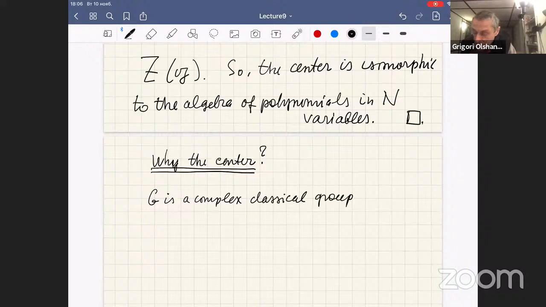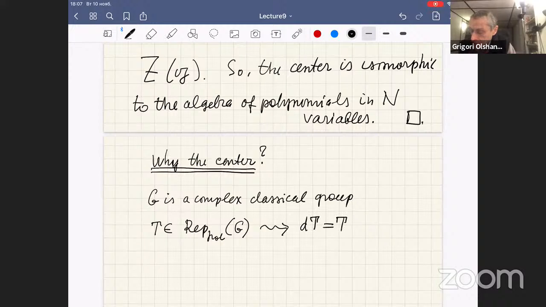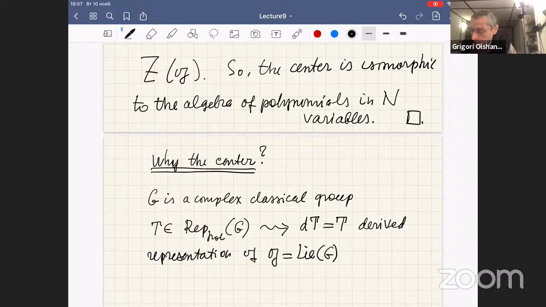And we are interested in representations, so we consider some T, which is a holomorphic representation of G. And then it produces the derived representation dT, but I will denote it also by T, a derived representation of the Lie algebra of our group on the same space.